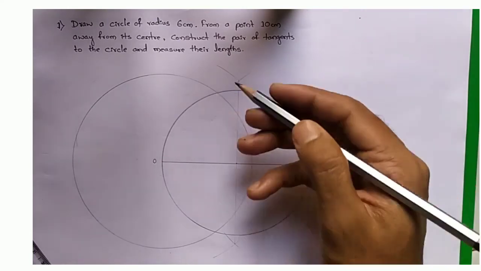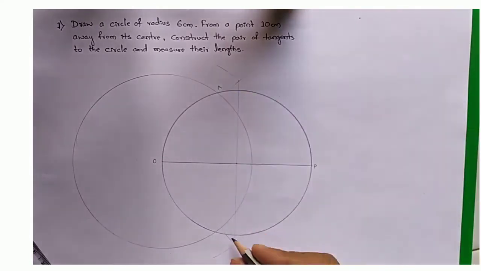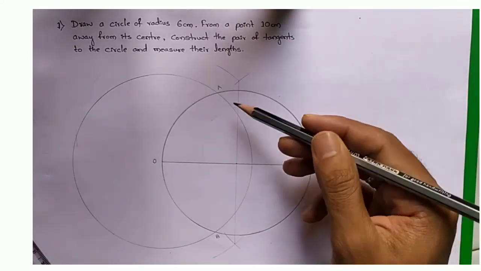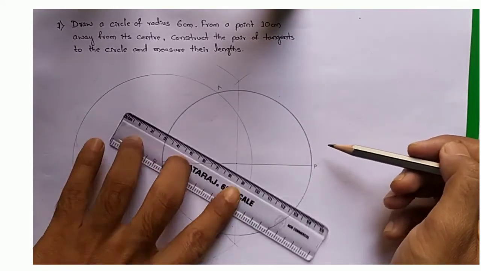Here name it as A and here it will be B. These 2 points will be our points of contact of the tangents which we are drawing from P.